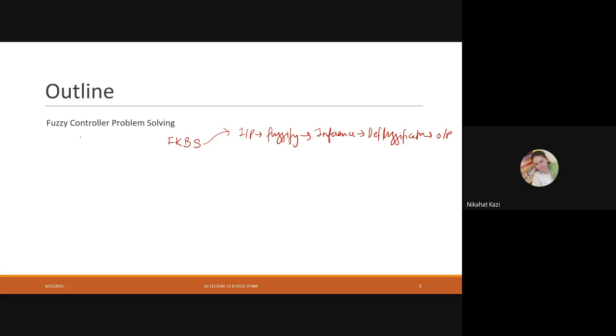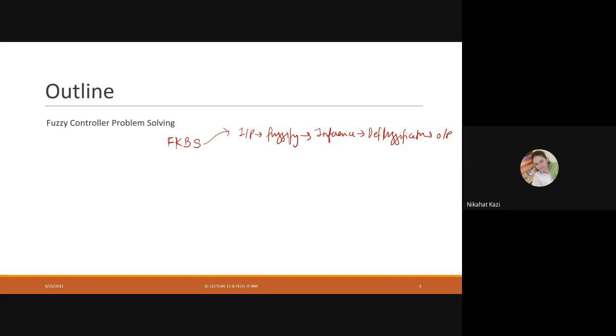Similarly, a fuzzy controller is a kind of fuzzy knowledge based system itself, and it was used for solving controller problems. Whatever controller architectures were there, fuzzy logic was applied to solve them. So basically it's a fuzzy knowledge based system only with these components.